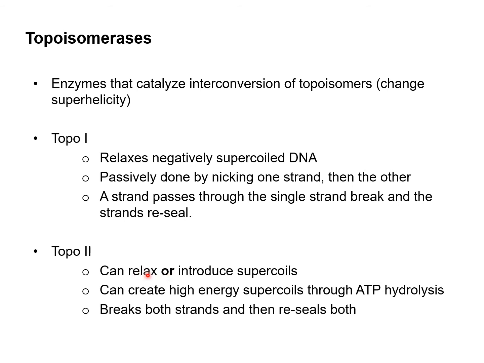It can relax or also introduce supercoils within the DNA molecules, and it can create high-energy supercoils through ATP hydrolysis. So it's more like an active process, rather than topoisomerase 1, which works passively. And lastly, topo 2 breaks both strands and then reseals both.